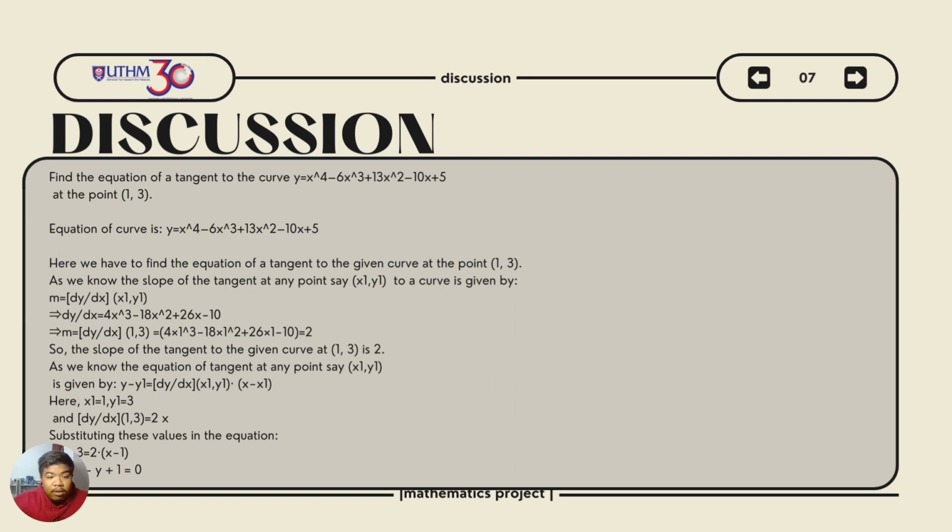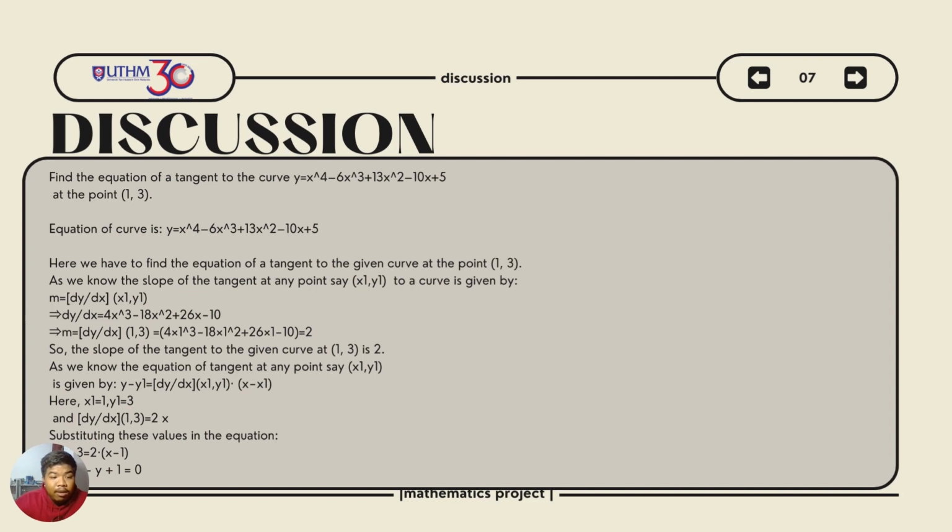The slope of the tangent at any point (x1, y1) to a curve is given by m equals dy over dx at (x1, y1). dy over dx equals 4x power of 3 subtract 18x power of 2 plus 26x subtract 10.